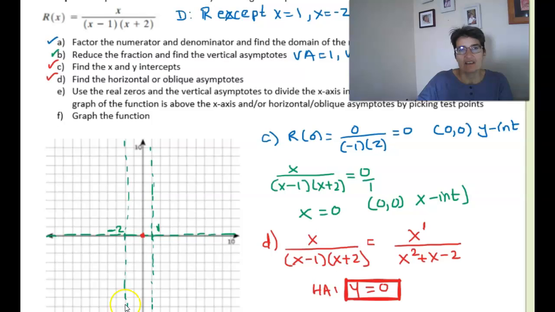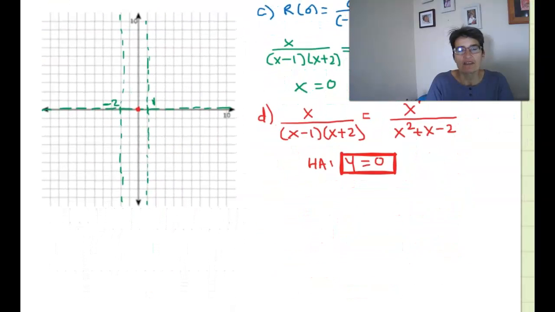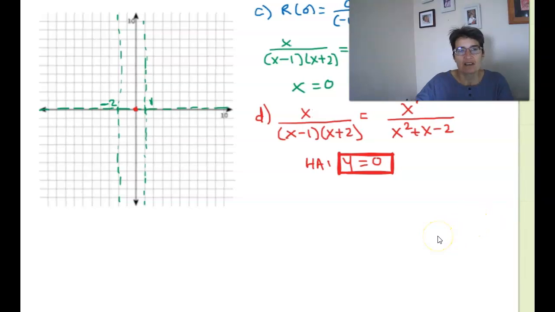Now, this divides up the x-axis into intervals, and then you pick test points to figure out where the function is. You know that for large values of x, positive and negative, the horizontal asymptote says that the function is going to curve and flatten out next to it.